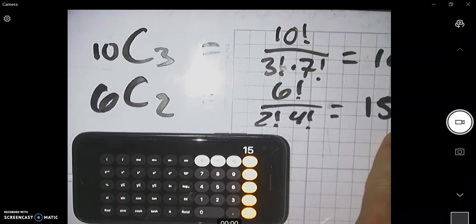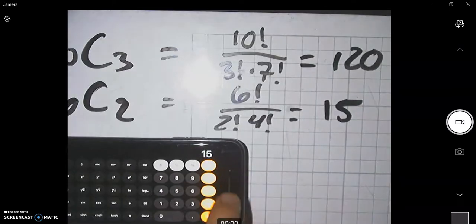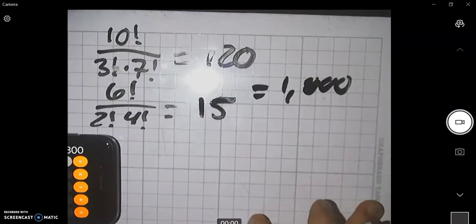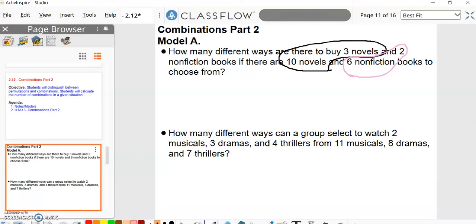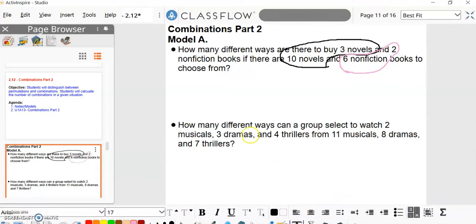Now we're going to do 15 times 120. So our answer is 1,800 different combinations.